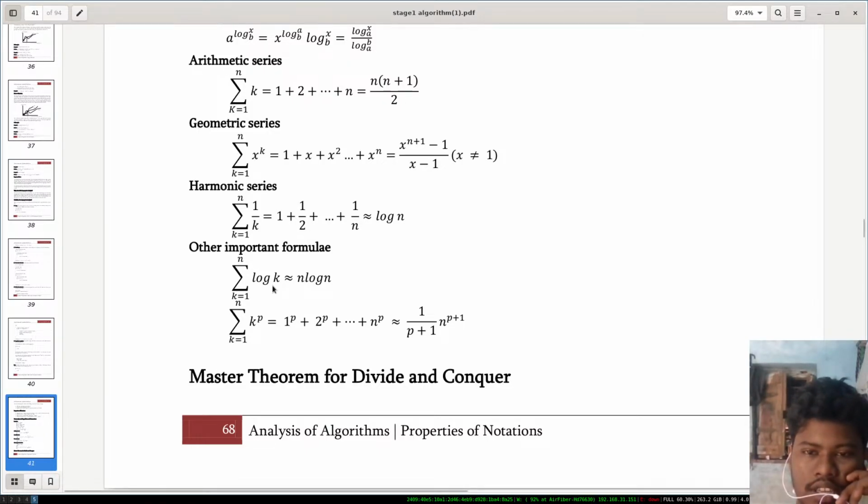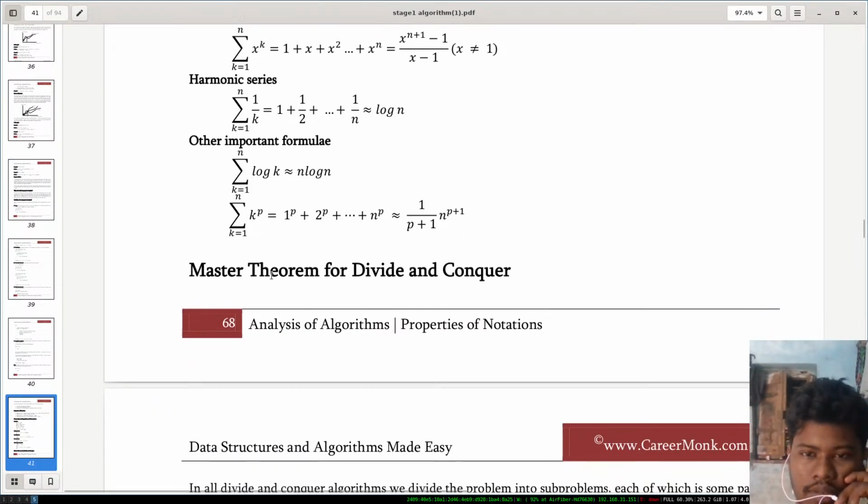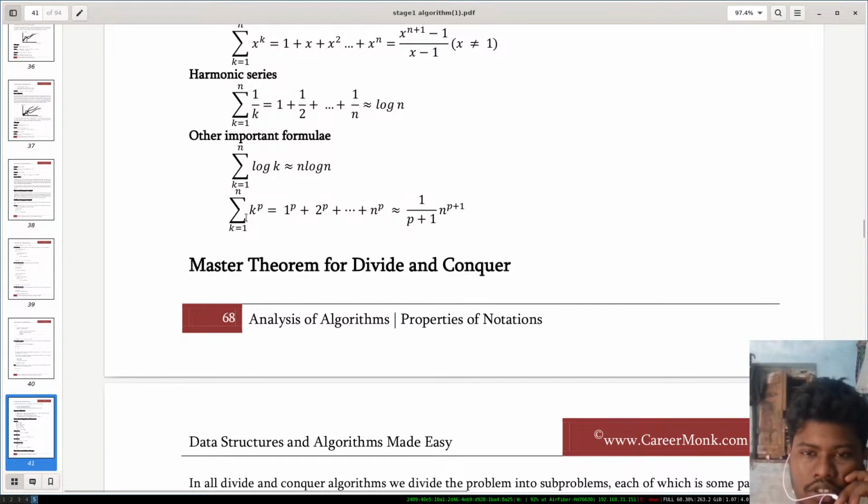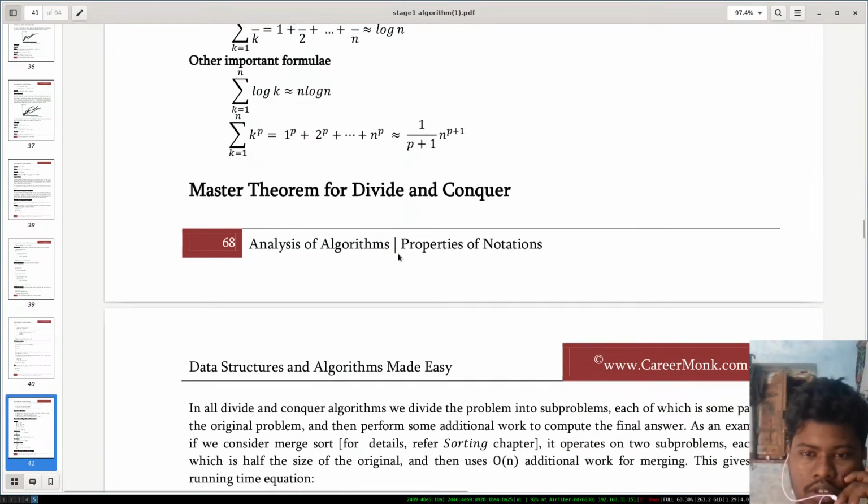Summation of log k from 1 to n, that is n log n. And summation of k to the power p from 1 to n is what? 1 by p plus 1 and raised to the power p plus 1.